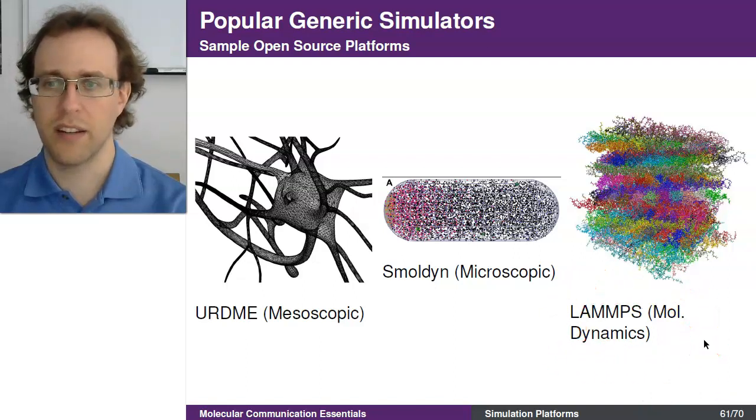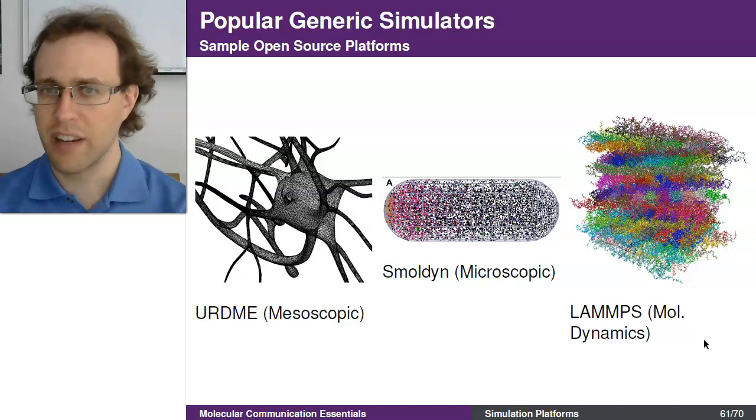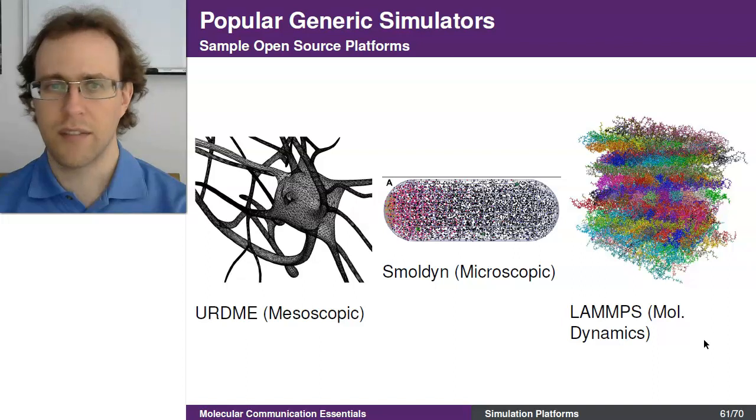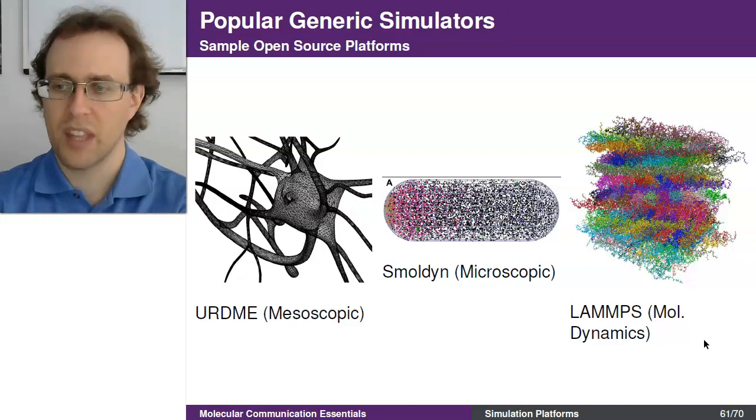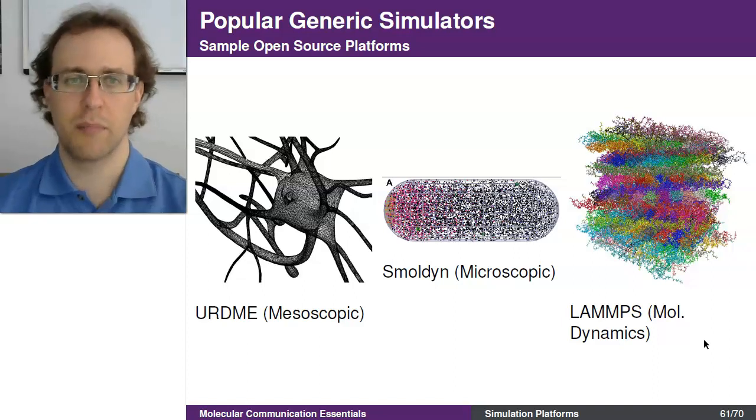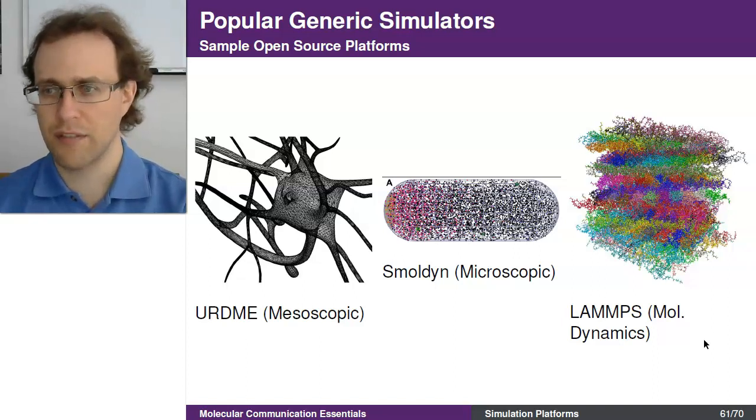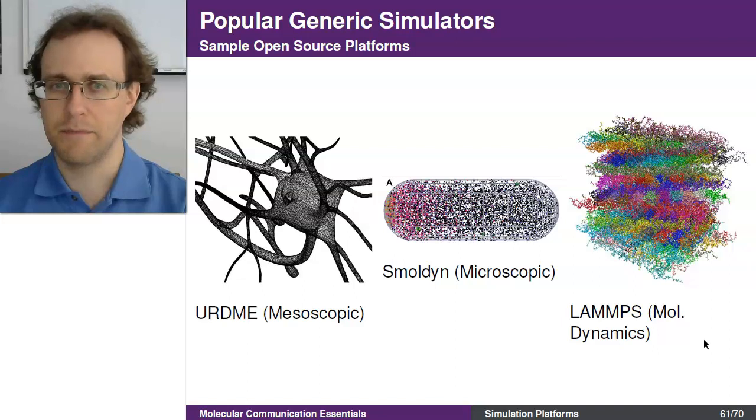This one has been around for a very long time, about 30 years, with a lot of active development and a lot of modules for including different types of effects that can influence molecular behavior and trajectories, things like magnetic and electric fields, very complex flows, etc. But it is extremely detailed, so there's a very high computational complexity for running these kinds of simulations.